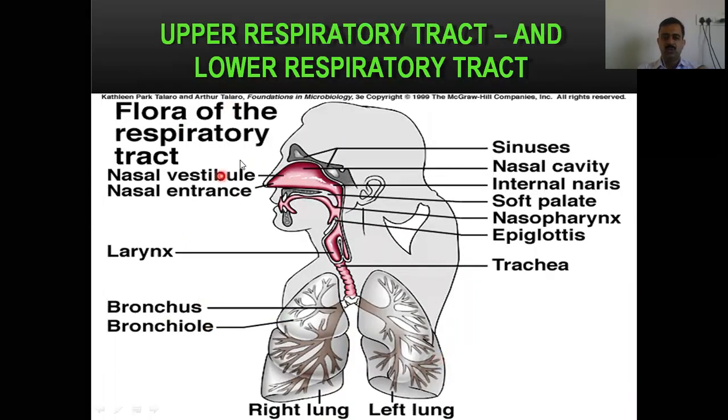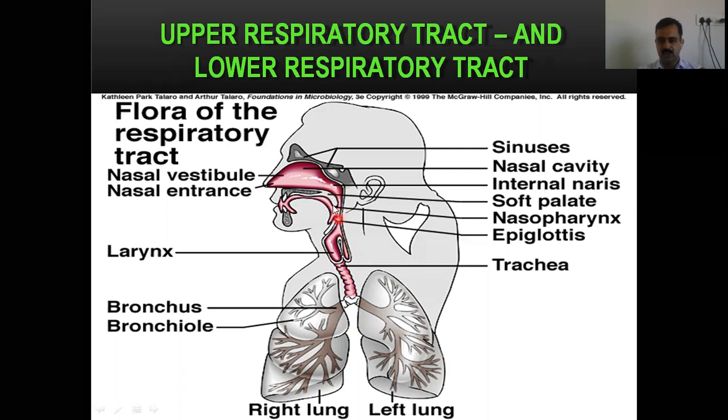Now, the normal flora of the respiratory tract. See here, from the respiratory tract, you can see the organisms. Here is the nasal entrance. This is the sinus, the upper portion. This is the nasal cavity, wherein the bacteria can survive. Internal nares, soft palate, nasopharynx, wherein the mouth and the nose are joined.